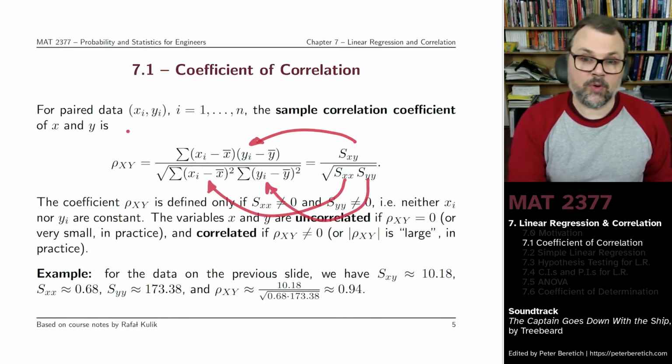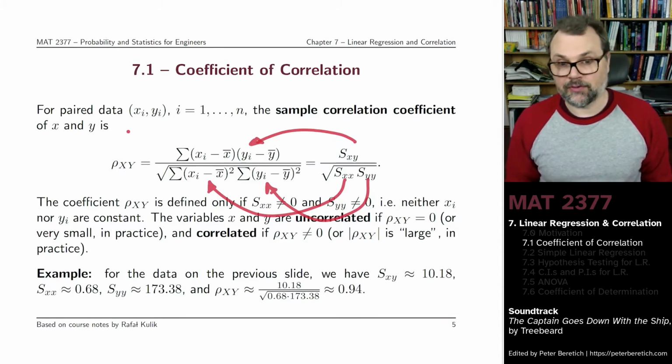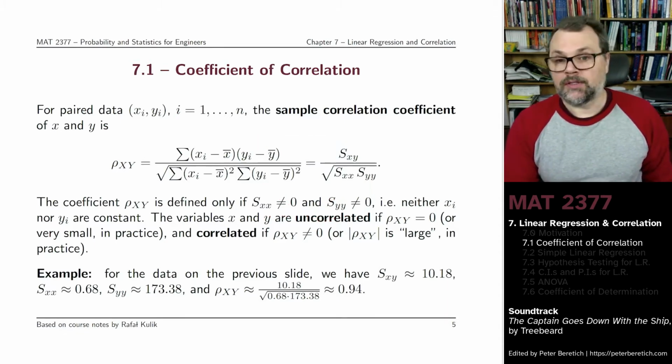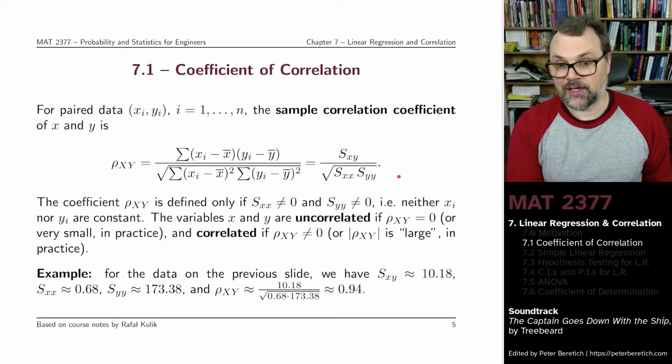And so the sample coefficient of correlation is the ratio between Sxy and the square root of the product of Sxx and Syy. This is, of course, only well defined if both Sxx and Syy are different from 0. If they're equal to 0, then you're dividing by 0, and this is not well defined.